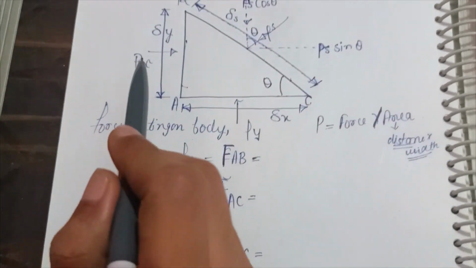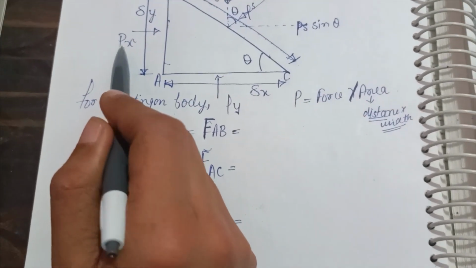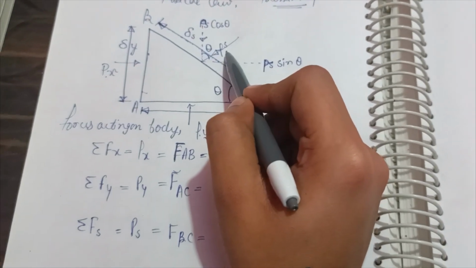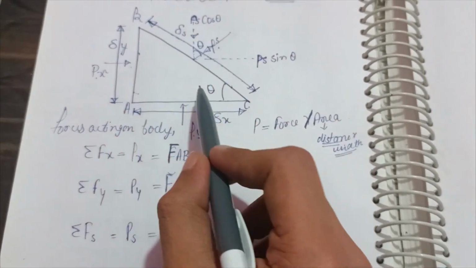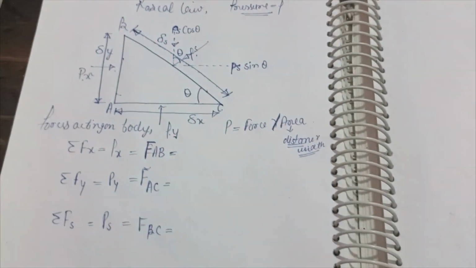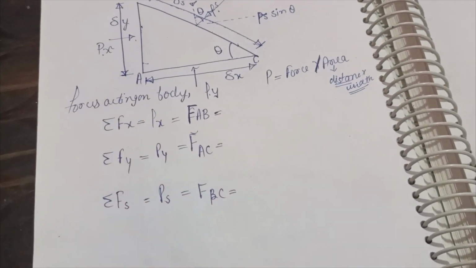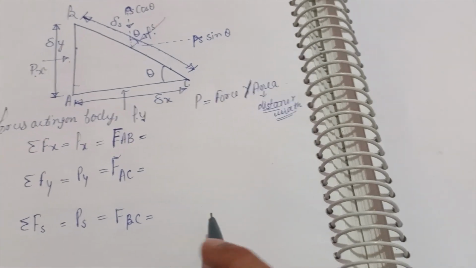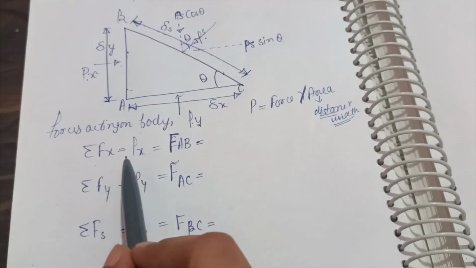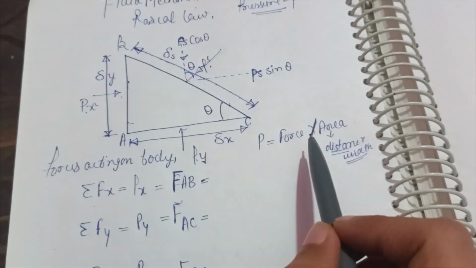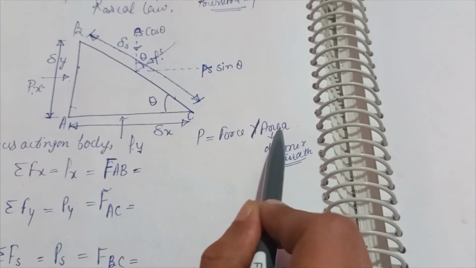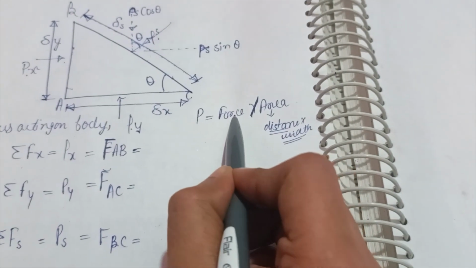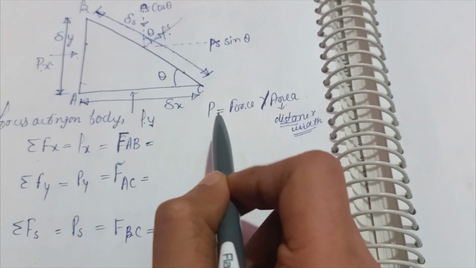In that body, pressures Px, Py, and Ps act perpendicular to the base, the height, and the hypotenuse. What are the forces acting on that body? We know pressure equals force by area, so force is pressure into area.